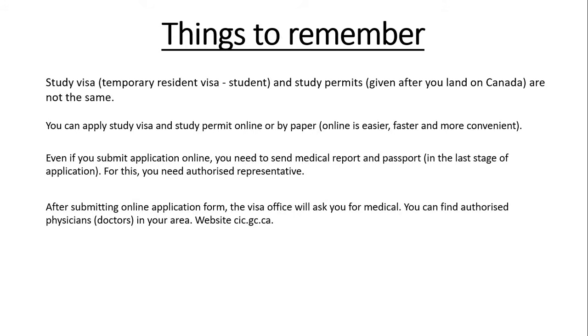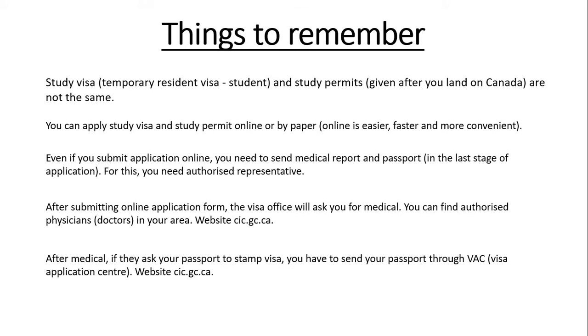After submitting the online application form, the visa office will ask you for a medical, and you need to find authorized doctors in your area who can do the medical for you. All that information is listed on the cic.gc.ca website, and I'll show you how to do that at the end of this video.